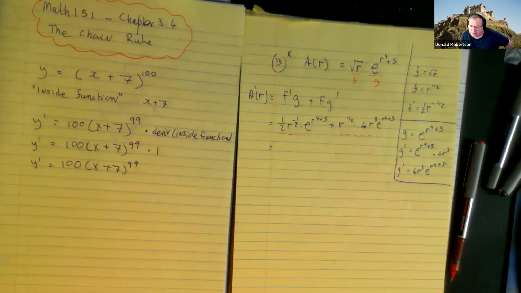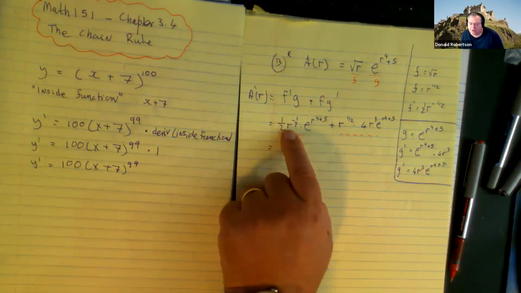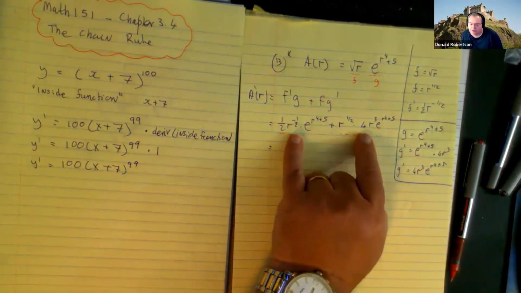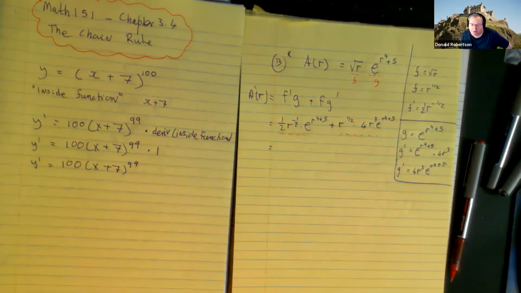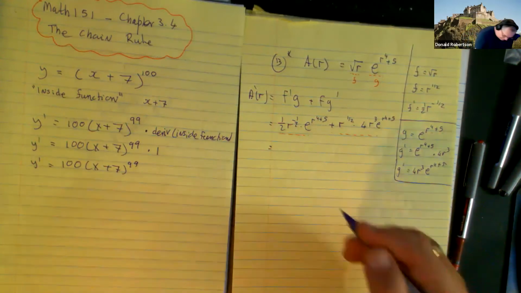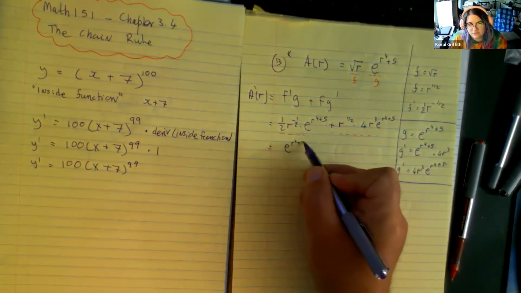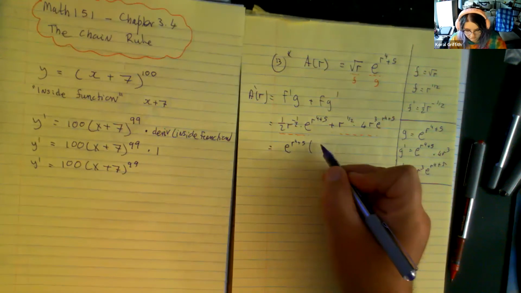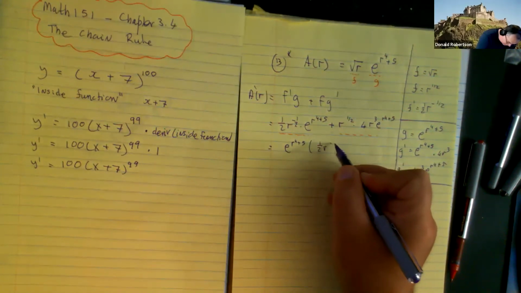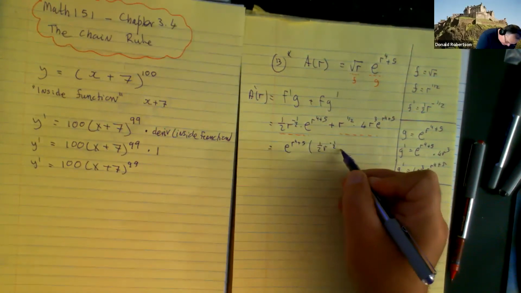Common factor. Can you see anything? Is there anything that this expression and that expression both contain? Common factor. e to the r to the 4th plus 5. Yeah. Now that means I'm going to be left with that guy.